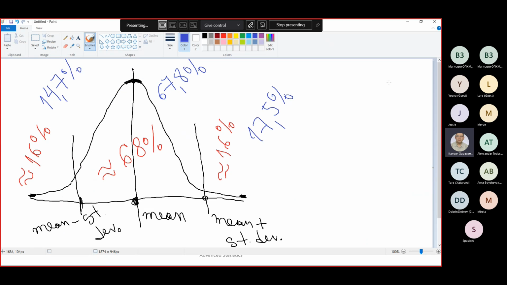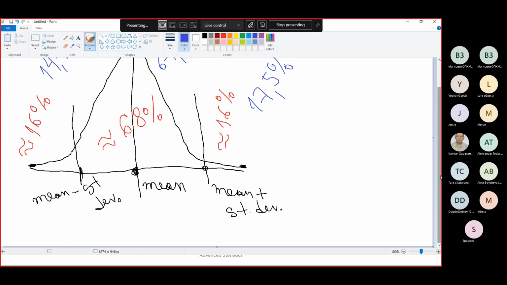And answer is again here the normal distribution, because if the raw score of one individual is equal to the mean, then his or her Z-score will be 0.